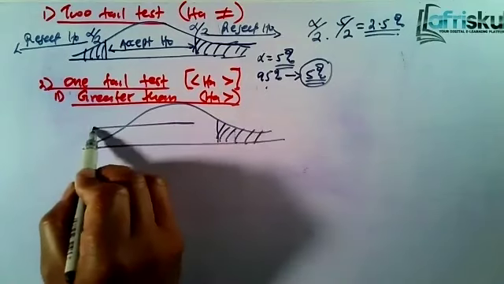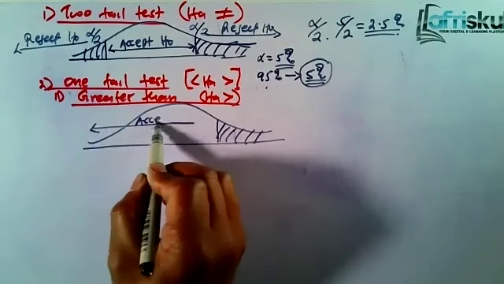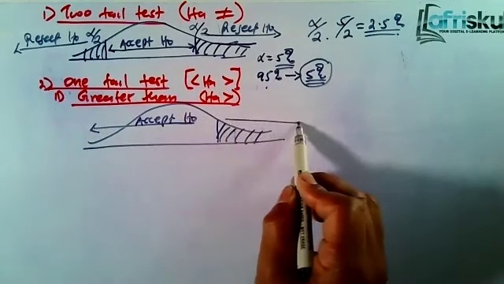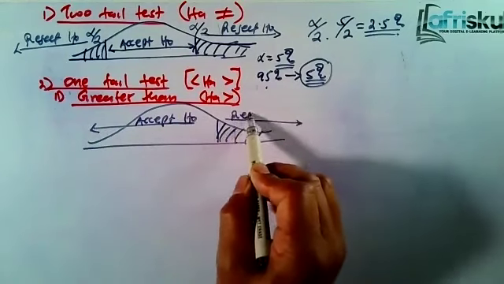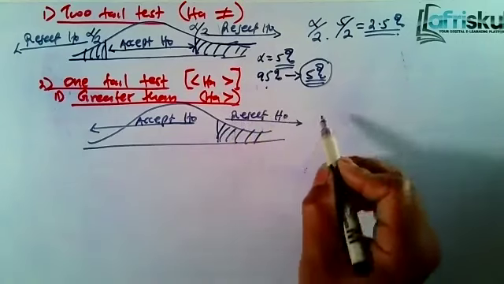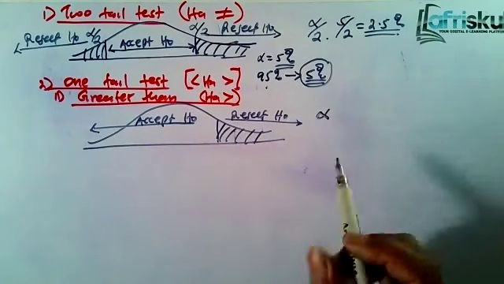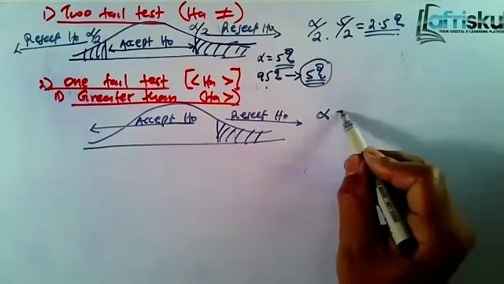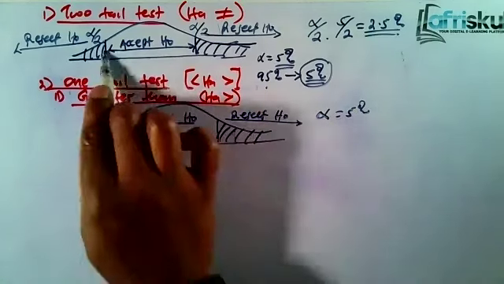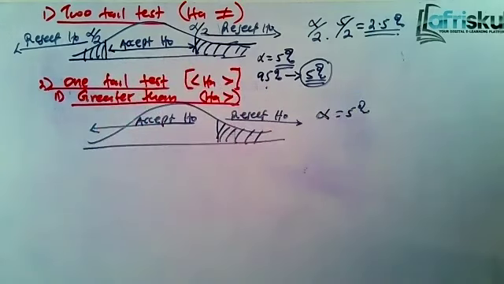So when it's on this point, you accept the null hypothesis. But when it's on the shaded part, that's when you reject the null hypothesis. And in this case, you just get the alpha. If your total significance level is 5%, it will just be 5%, because you're using one tail test. When using the two tail, that's when you divide by 2.